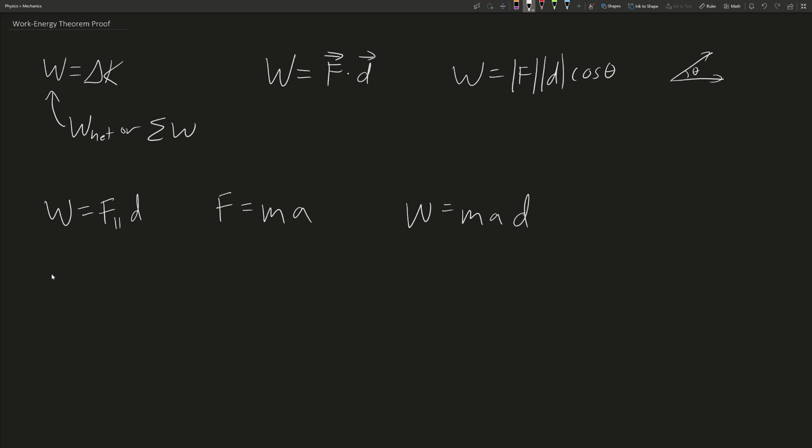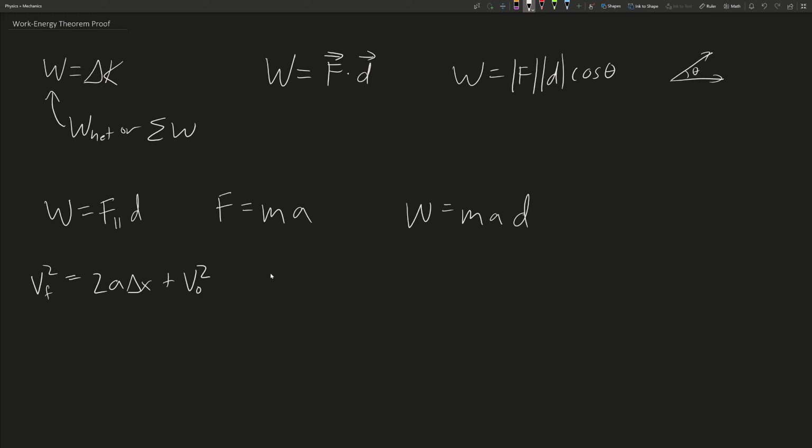Now, if you recall the kinematic formulas, you know that one of them states that for constant acceleration, the final velocity of an object, we'll call it Vf squared, is equal to 2 times acceleration times displacement plus the initial velocity of an object squared.